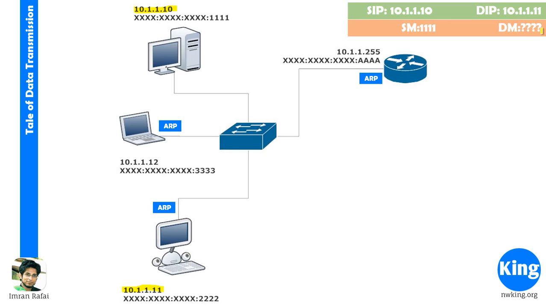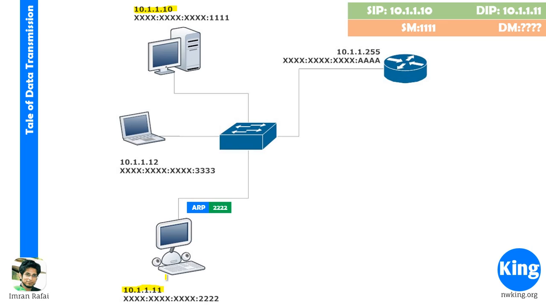Similarly, when this information is received by everybody except the 10.1.1.11 computer, everybody else just drops that packet. But this computer says, okay, this is an ARP for me, whoever sent this needs my MAC address. So it puts its MAC address in and sends a reply.